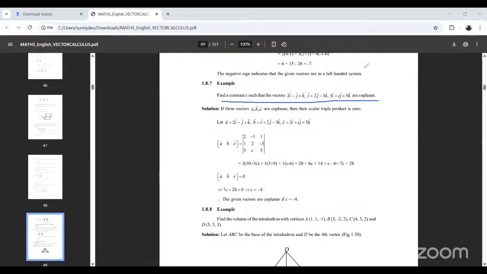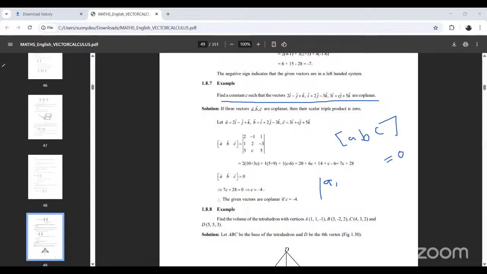So we can say three vectors are coplanar if the bracket of ABC equals 0. Directly we can write the bracket of ABC as a determinant with rows A1, B1, C1.